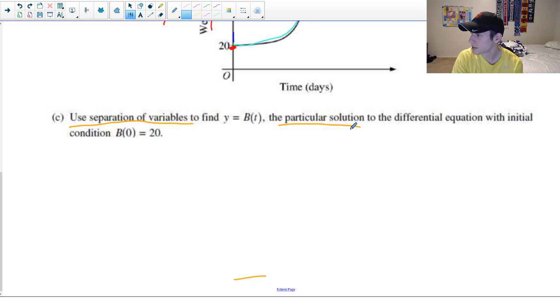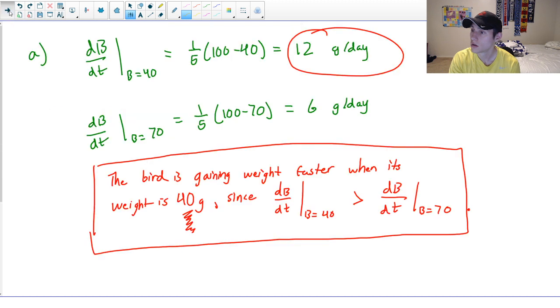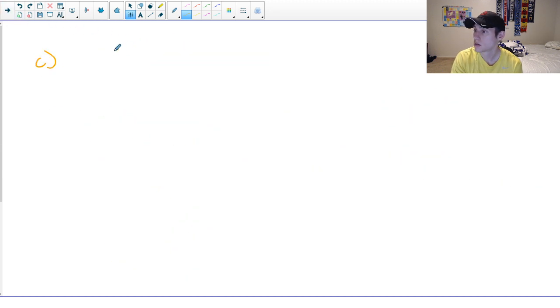So we're trying to find a particular solution again, and we have our starting amount. Let me just copy this down again. dB/dt equals 1/5 times 100 minus b.